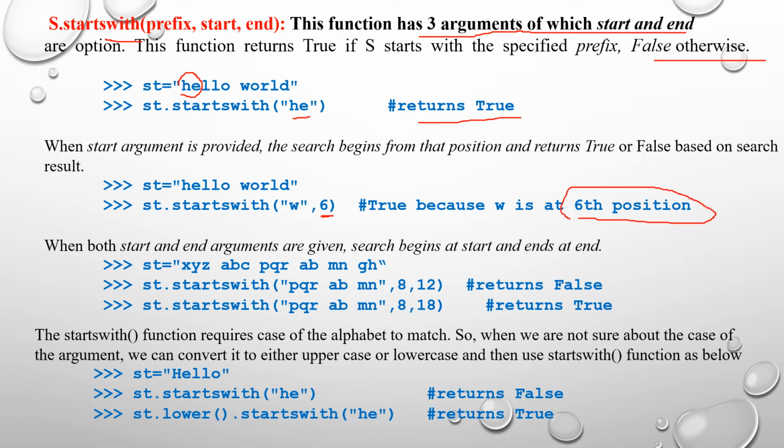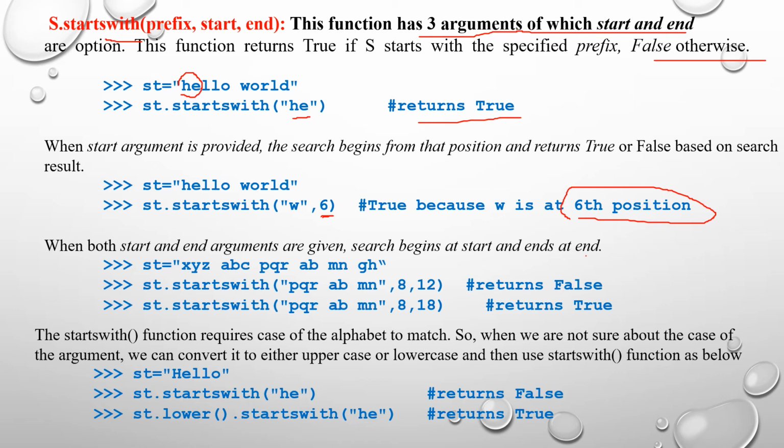When both start and end arguments are given, the search begins at start and ends at end. For example, st is equal to "xyz abc pqr abmn gh".